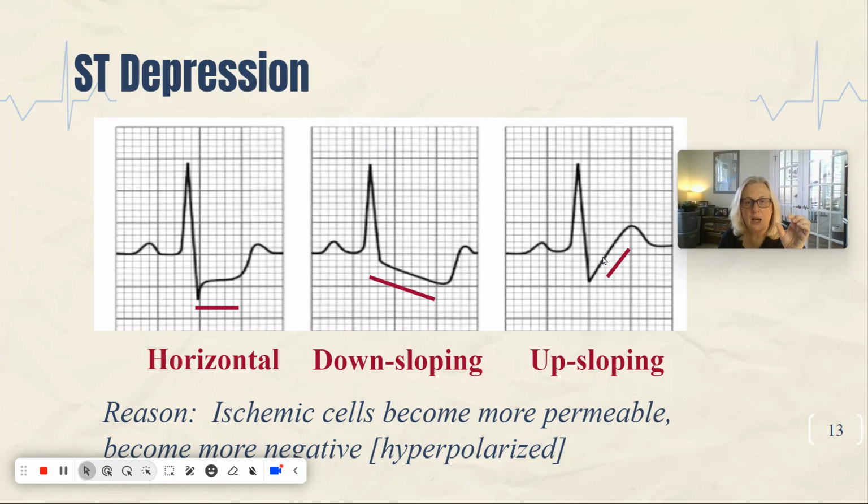Now, if it's much wider, so this upsloping is wide, it's the bad ischemia. I'm going to show you here in a sec. So just write that on your three things here. That's number 9. So horizontal, downsloping, and upsloping. Just know those three names and the difference, how they look.